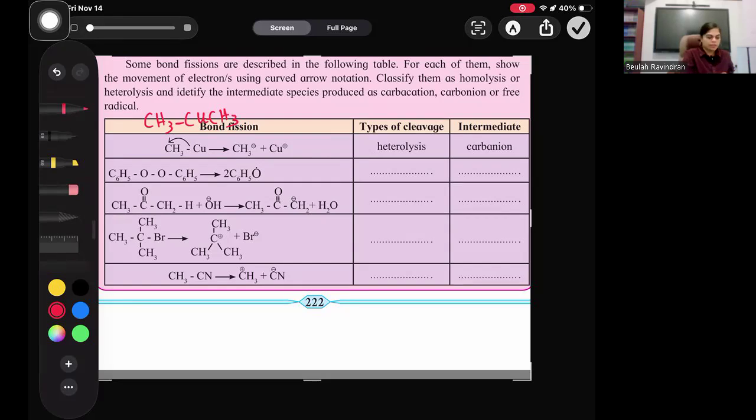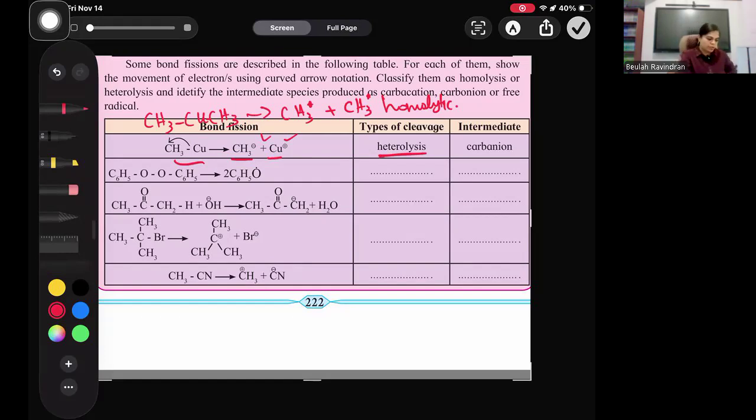It gives CH3 minus plus CH3 dot, or one electron, one electron. So it is a free radical, it is homolytic. But this one is heterolytic, minus and plus, right? It is heterolytic. It is not equal.